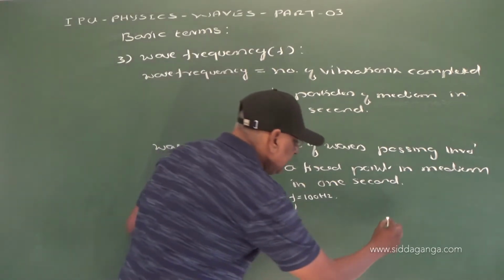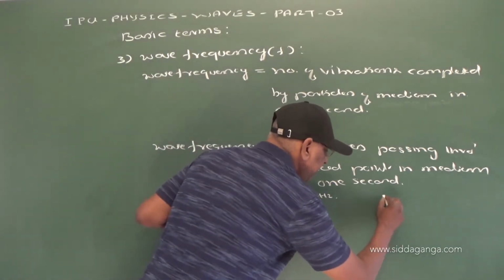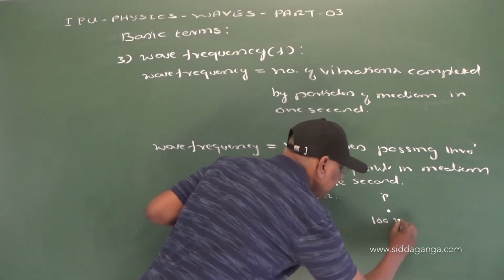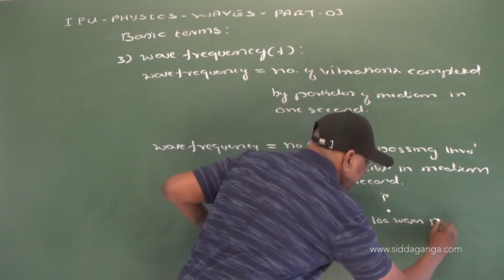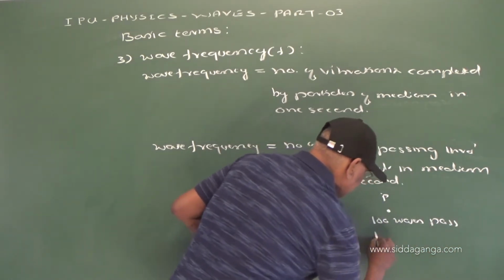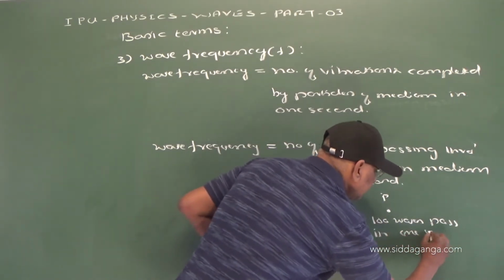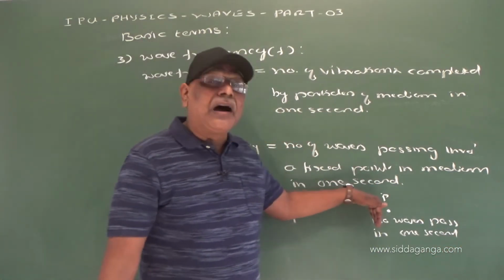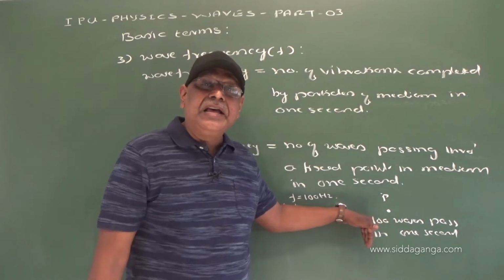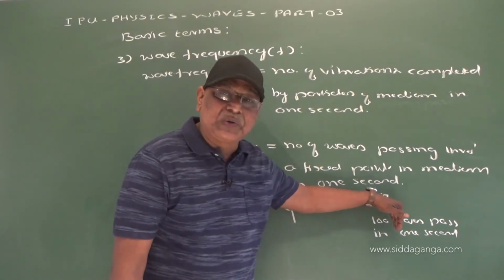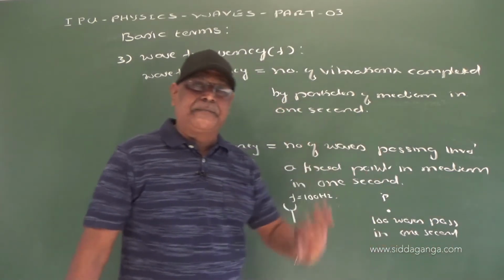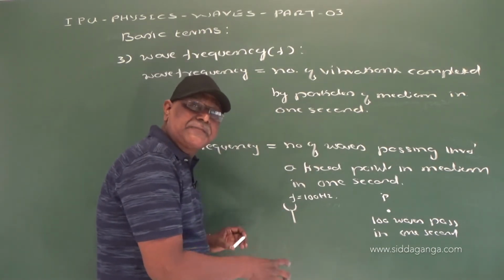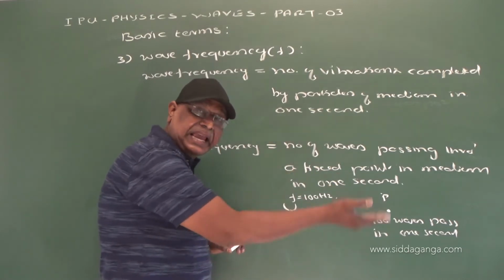So at any point, say the point P here, 100 waves pass in 1 second. That means alternate 100 compressions and rarefactions pass through this fixed point, or this tuning fork generates 100 waves per second.